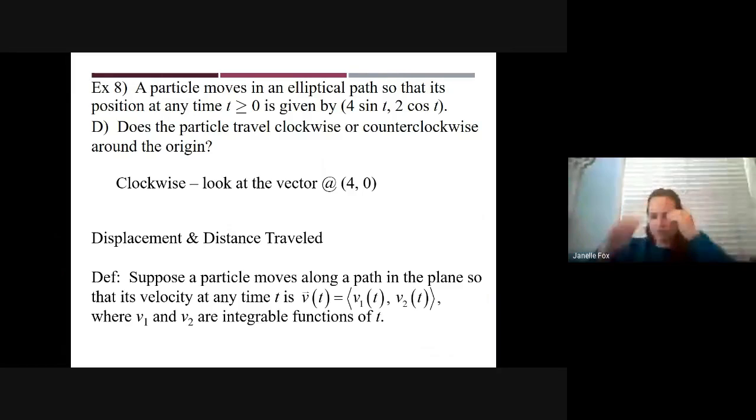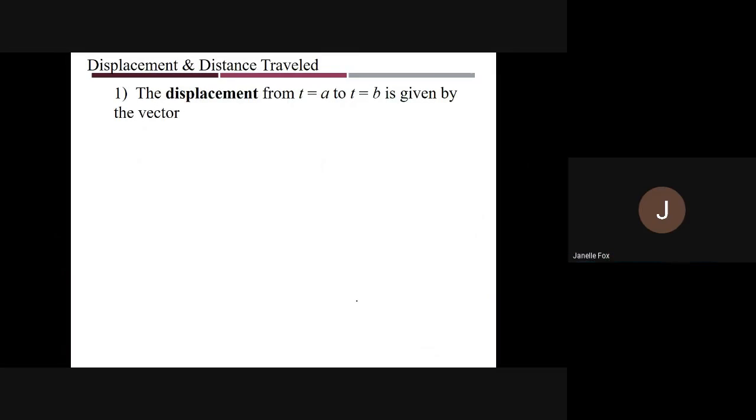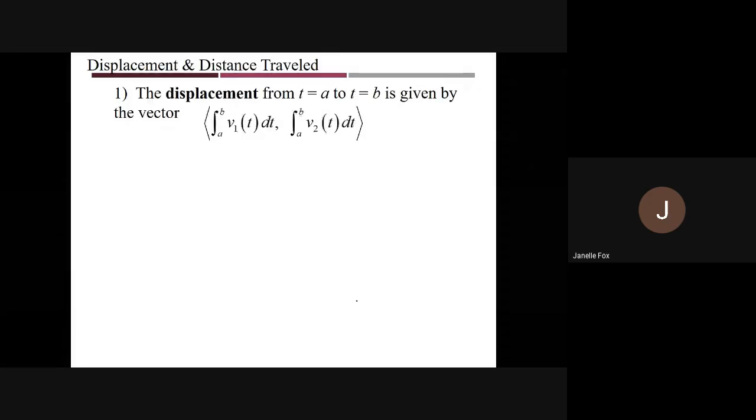So the displacement from time A to time B is given by the vector of the integral of the velocity x component and the integral of the velocity y component. And so this is your displacement.